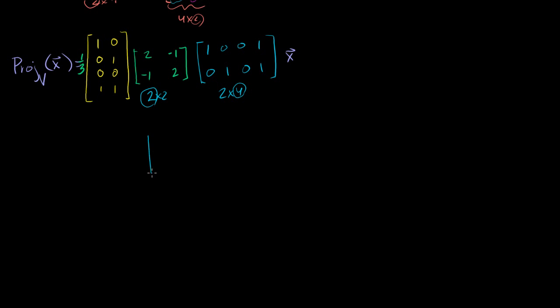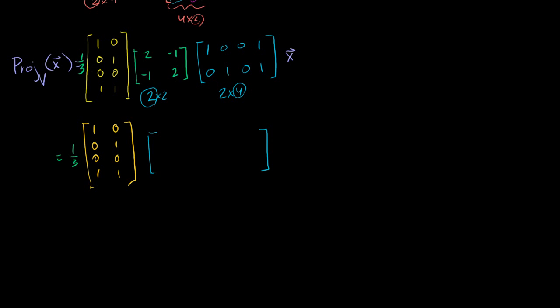So let me write that 2 by 4 matrix right here. And then I can write this guy right here. 1 0 0 1 0 1 0 1. And then I have the 1/3 that was from A transpose A inverse, but I put the scaling factor out there. And all of this is equal to the projection of x onto V.